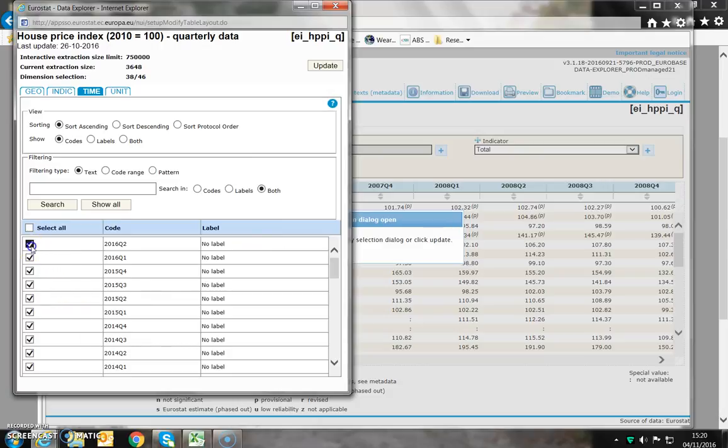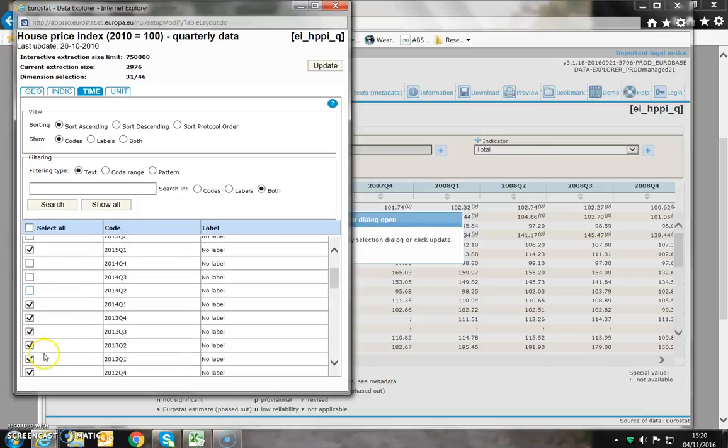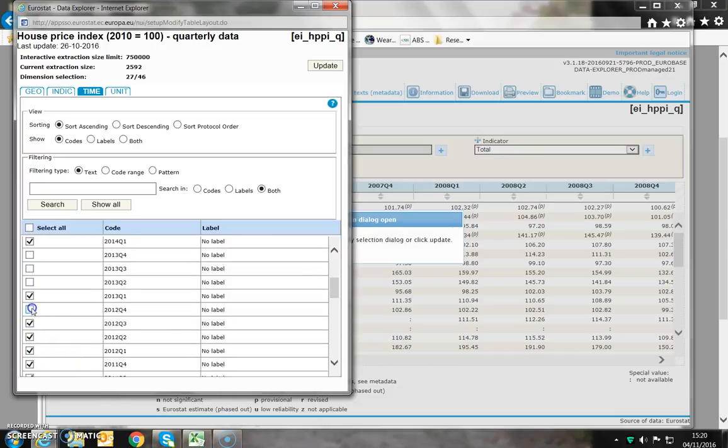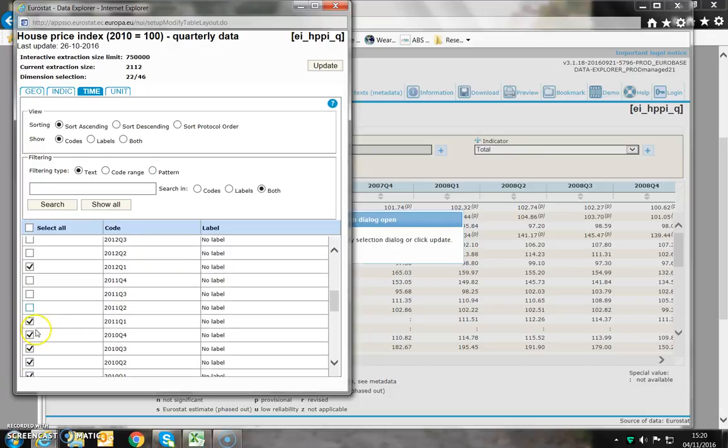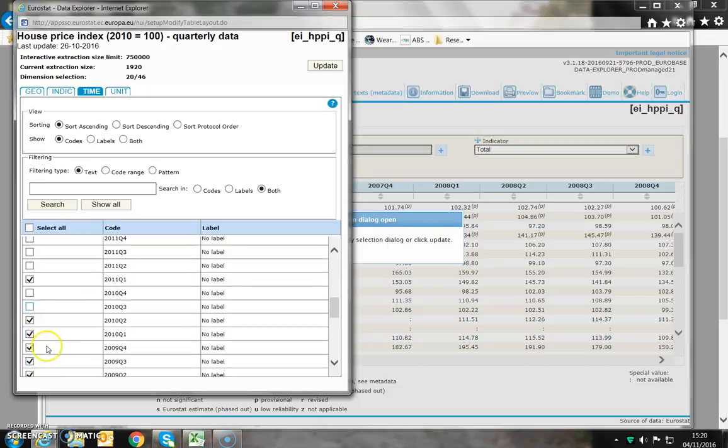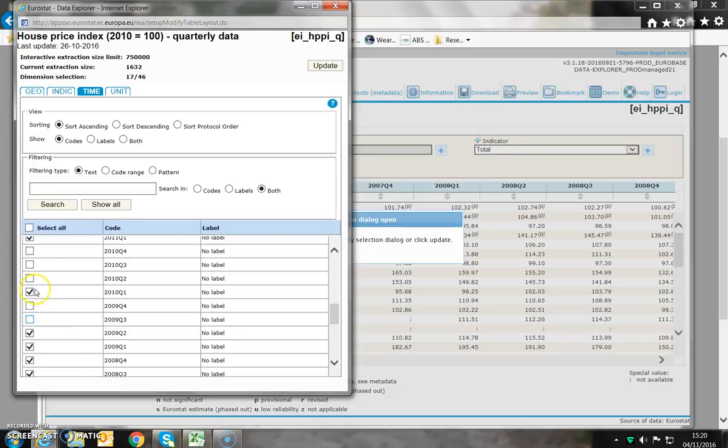What we might decide to do is just look at the quarter 1 value. So we unclick all the other quarters, leaving quarter 1. Otherwise we could have a very busy detailed table, but we might only be interested in one point in time of the year.